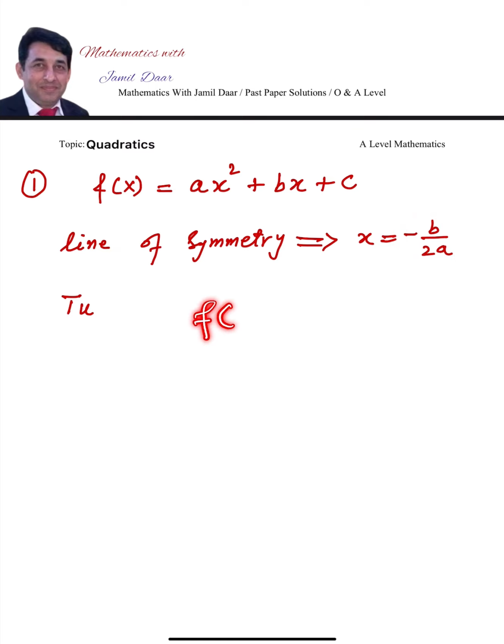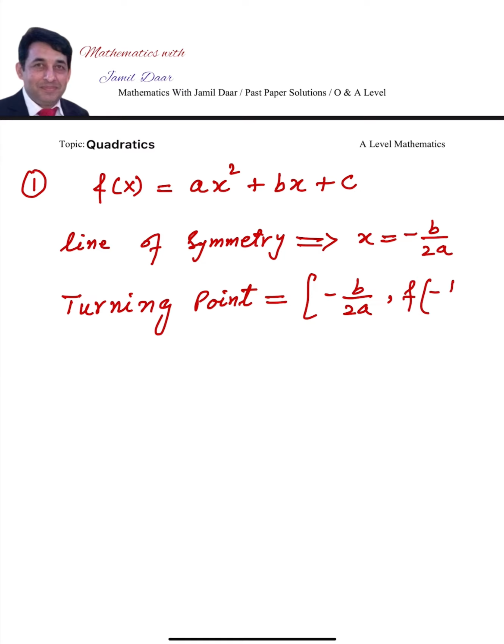So your turning point will be minus b over 2a, comma, f of minus b over 2a.